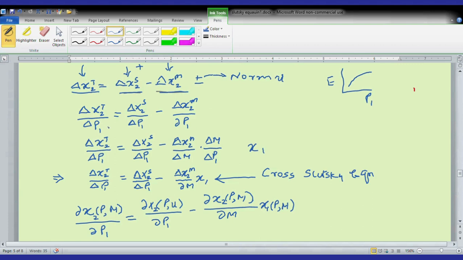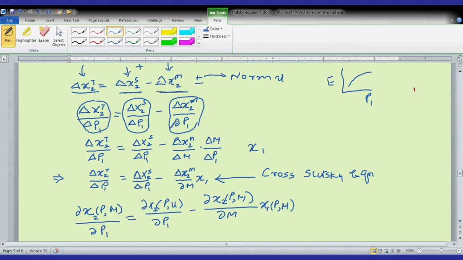So this is the total change in consumption of good 2 per unit change in price of good 1. This is the change in consumption of good 2 due to the substitution effect per unit change in price of good 1, and this is the change in consumption of good 2 because of the income effect per unit change in price of good 1.